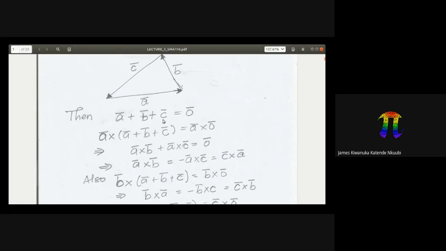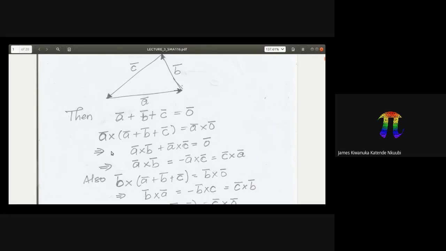So if A plus B plus C is equal to 0, you can take a cross product of both sides with A, and that will be equal to 0 because the cross product of A and 0 will be 0. On the other side, we'll be left with A cross B and A cross C. Now, A cross A will disappear because A cross A is equal to what?